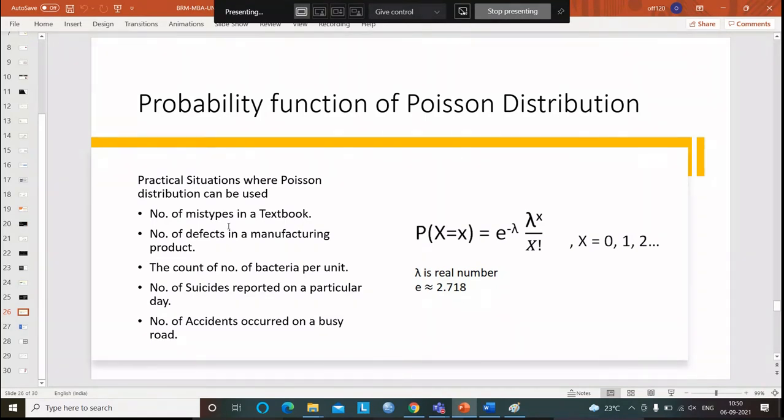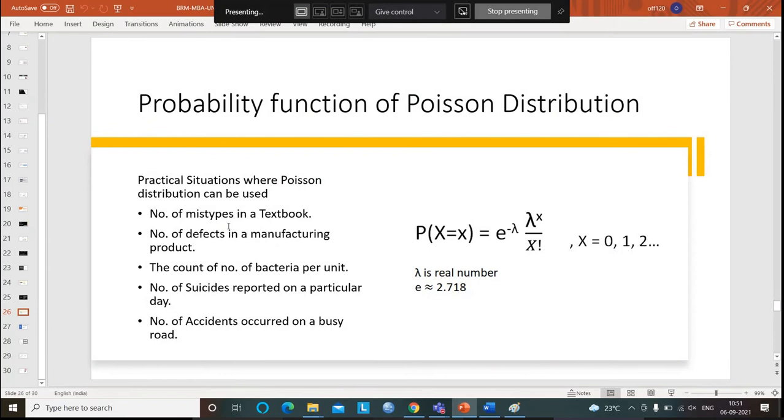And one more case is the number of accidents occurred on a busy road. Let's take a highway. On a highway, per minute, hundreds of vehicles will be moving with a speed of 80 to 100. On that busy road, let's take an example between one toll gate and another, there are hundreds of vehicles moving per minute.